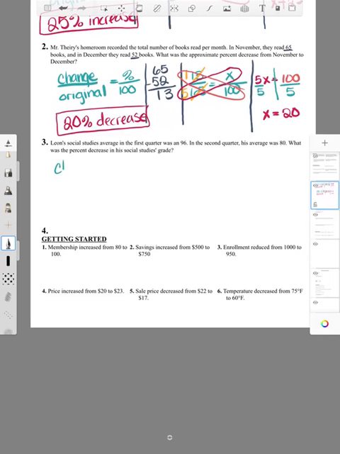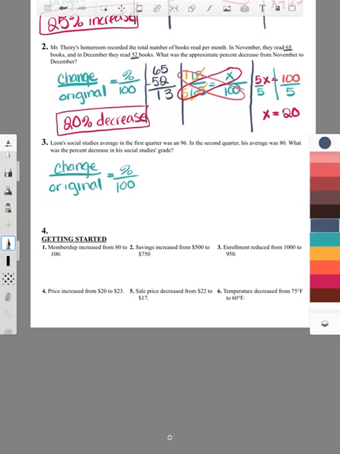So we're going to put change over original is equal to percent over 100. All right, so the first thing we want to do is figure out the change. Start off at 96, then he dropped to an 80.